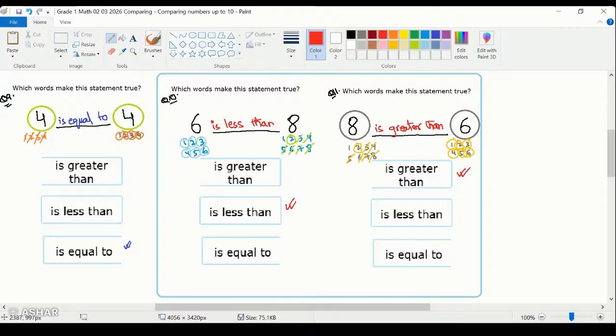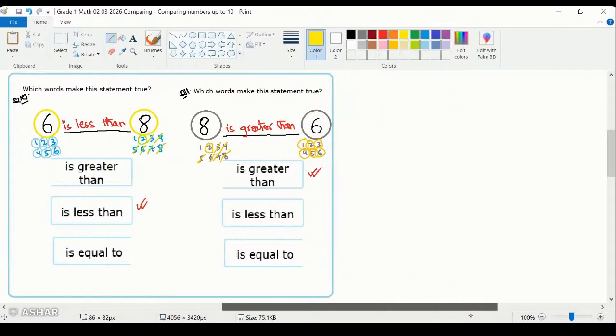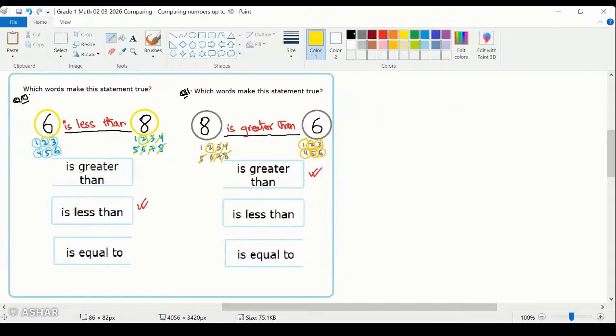Agreed? So just by the position of the number, if 6 was written first, it becomes less than 8. If 8 is written before 6, then we say 8 is greater than 6, right? In comparison, the position will matter.